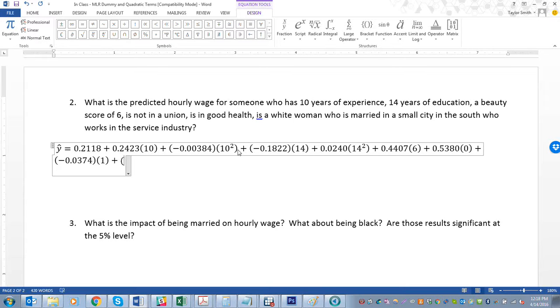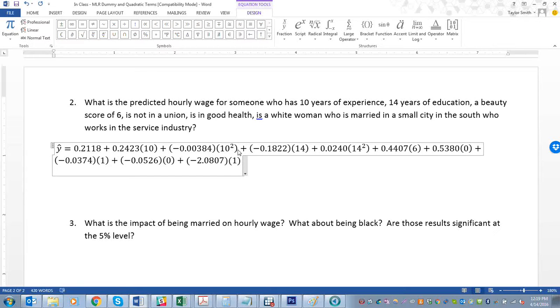So the coefficient, we'll still put it, negative 0.0526 times she's white, not black, so she gets a 0. Okay. She is a woman, so she is female, so 2.0807 times 1, because she's a woman.